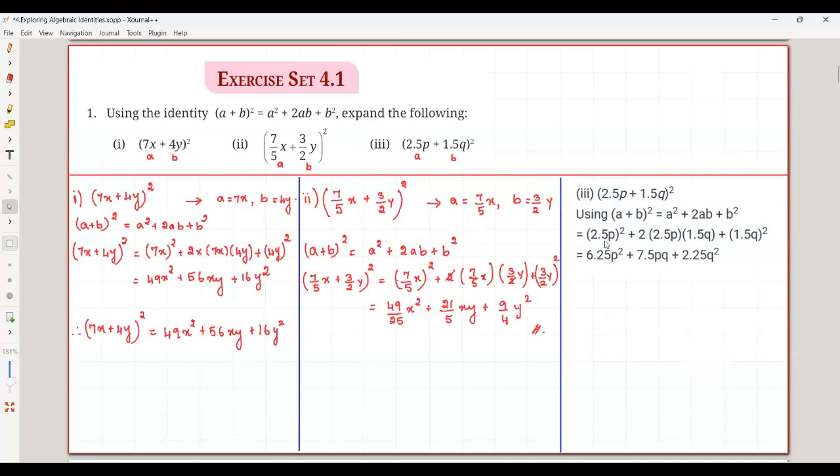Before 2 places we have to keep the decimal point, so it becomes 6.25 p square. Now just multiply 2 into 2.5 into 1.5, so you'll be getting 7.5 pq, plus 1.5, that is 15 square is 225. Before 2 digits we keep the decimal point, 2.25 q square. Right, so this is the answer for this.